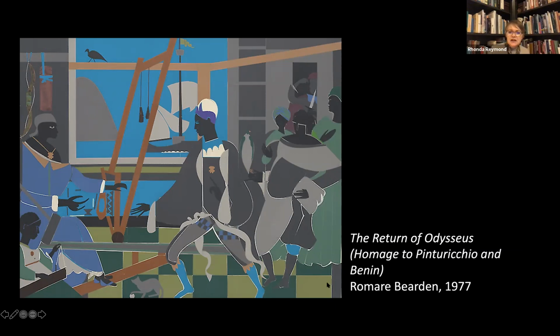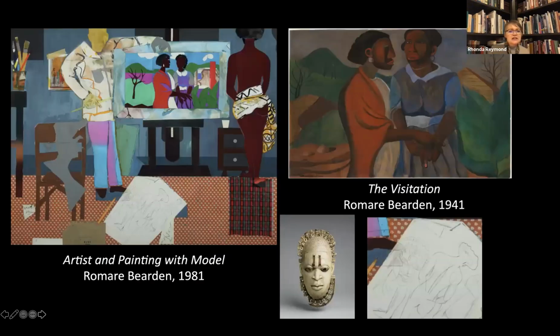And so that's an entire series, and we can see that ivory over here in the bottom. So that's, again, one of those things that comes back quite often, as does the Visitation.